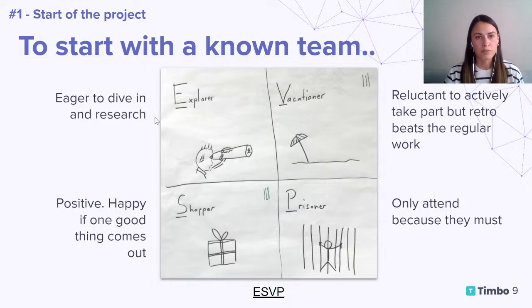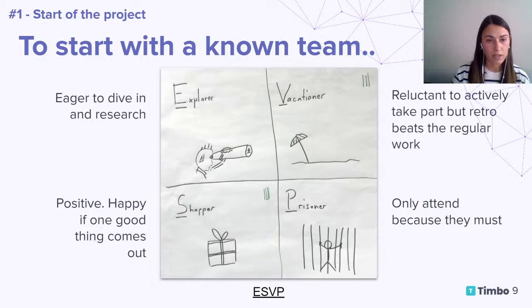Who are explorers? People who are ready to research, who are active, and who came to retro in order to give as many ideas as they have. These will be active people. Vacationer. This one is going to be reluctant to take part, but at the same time they love going to retros because it's just a change, and it's something that stops them from doing their regular work.